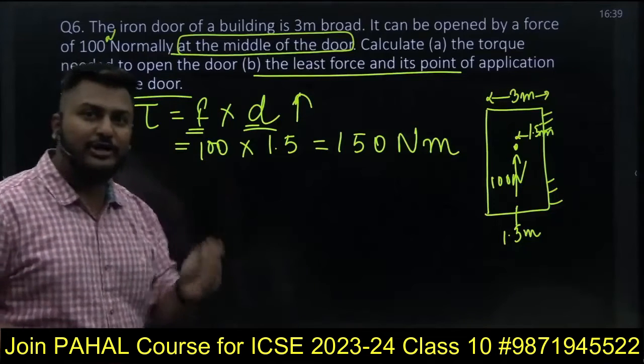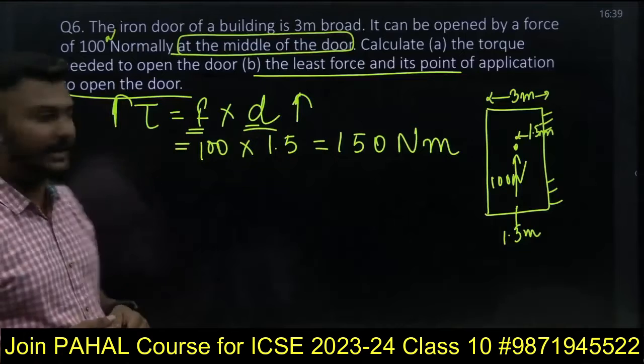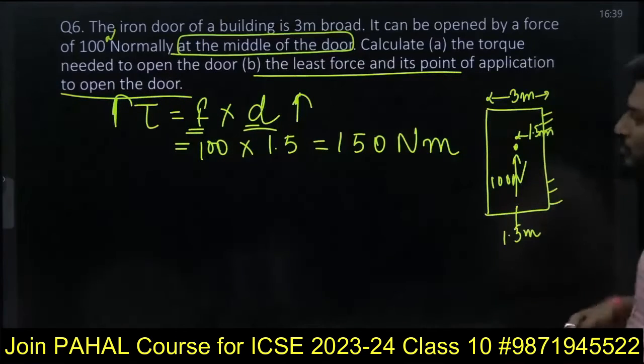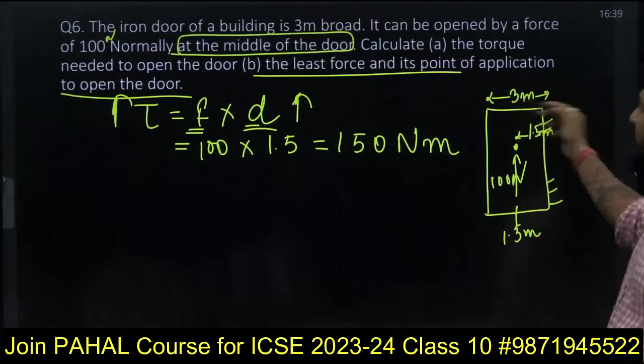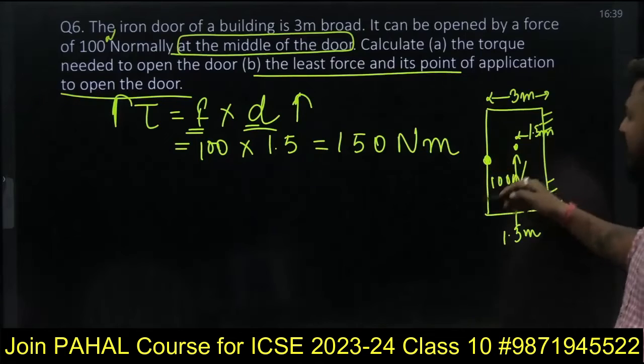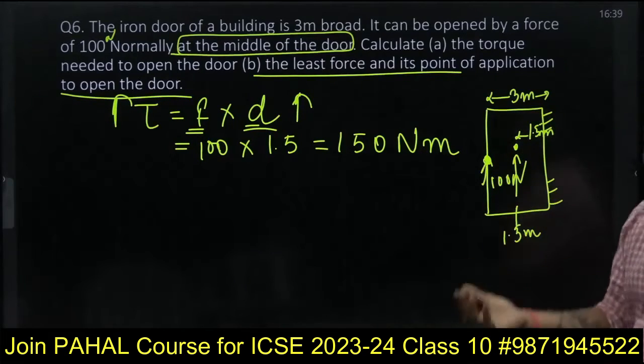So in order to use the minimum force we have to increase the distance, right? So where can we apply the force at the maximum distance? Since the door is 3 meters wide, if we push right at the edge of the door, at this point, then the distance would become 3 meters, right?